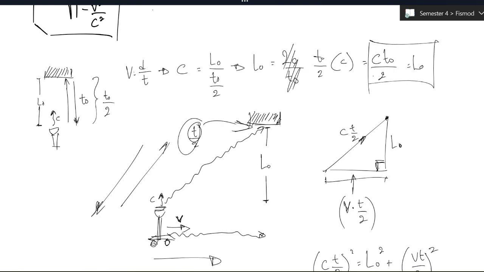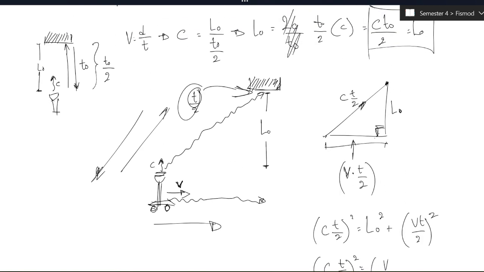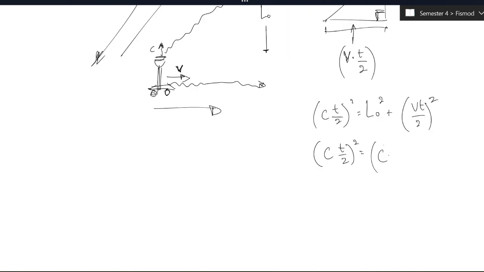L0 is just cT0 divided by 2. So let's just substitute that. So this is (cT/2) squared equals... oh wait, not V, it's C. (cT0/2) squared plus (vT/2) squared.